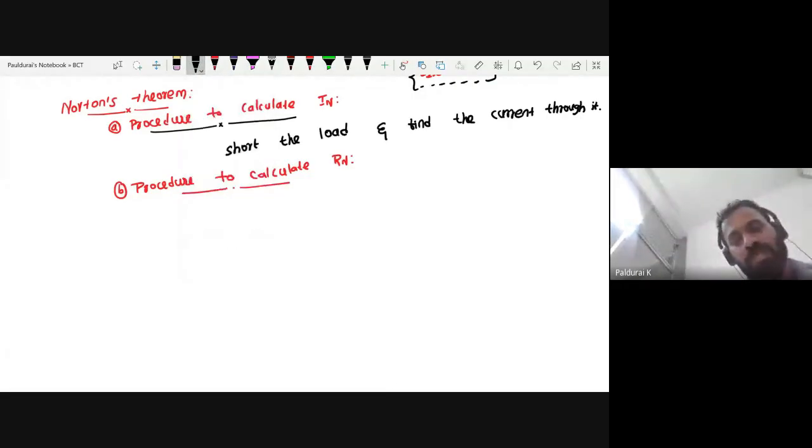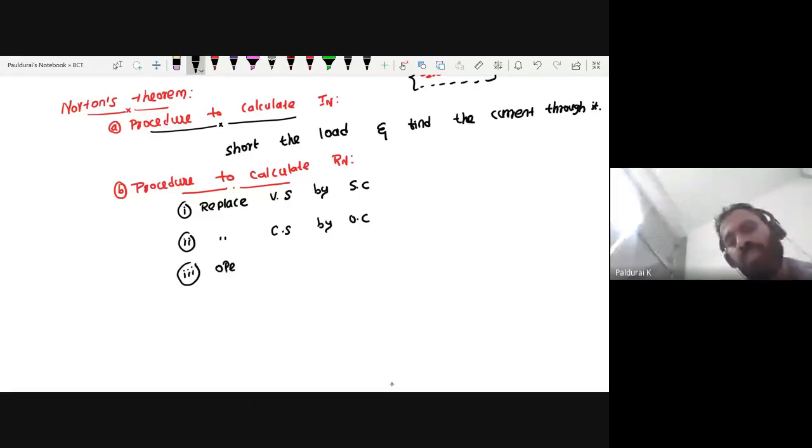First step, replace voltage source by short circuit. Replace current source by open circuit. Open the load and find the resistance across it. Same procedure, but just to rewind.